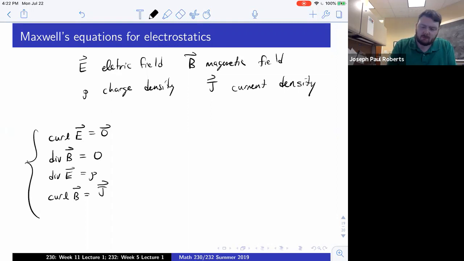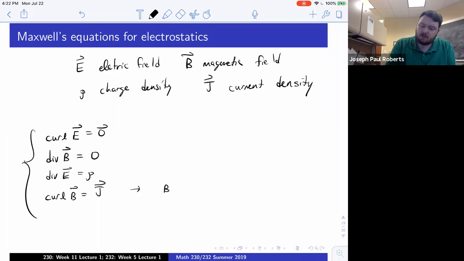So you could think about this as saying the magnetic field is the anti-curl of current. And this process of doing the anti-curl is the Biot-Savart law.